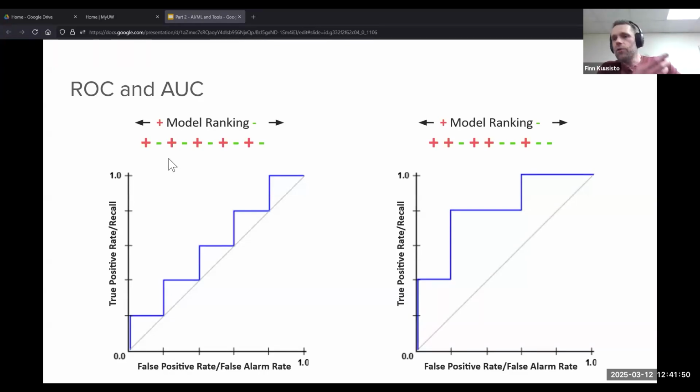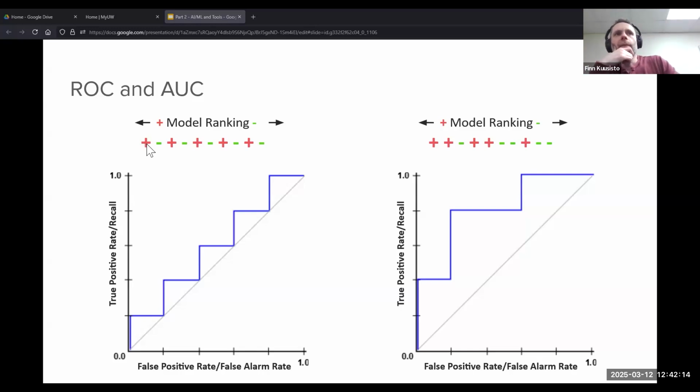And the way it works visually, here I have a model ranking. I apologize if this is actually an older slide. I have red and green here. I hope no one is red-green colorblind, but we've got pluses and minuses as well. So hopefully that helps. The idea is, and I'm saying that left is more likely to be positive, right is less likely to be positive.